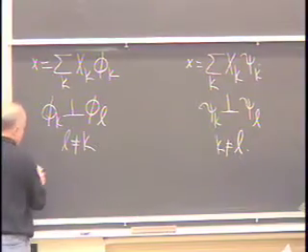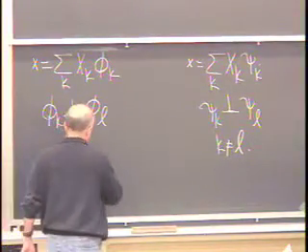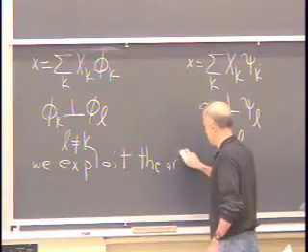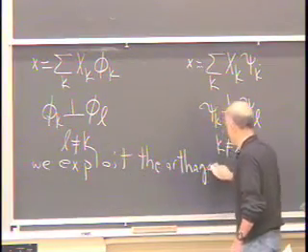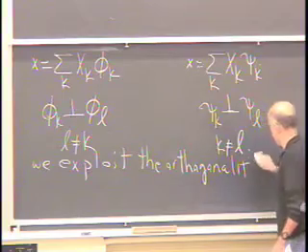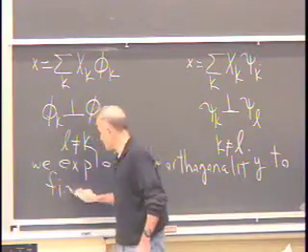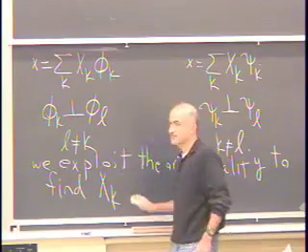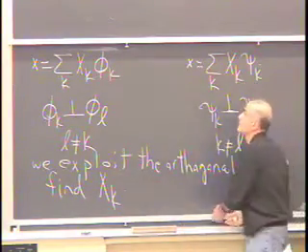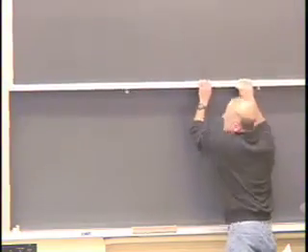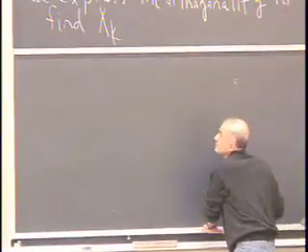We exploit this to find the xk's. And that's where we speak about the notion of an inner product, or the dot product.